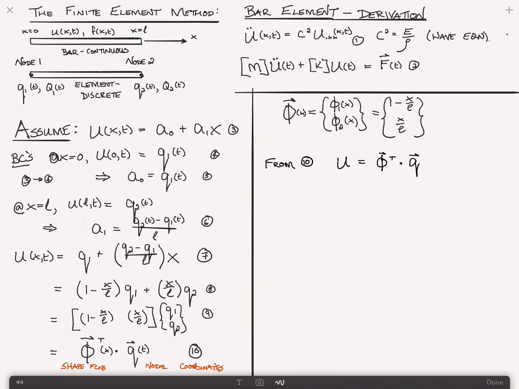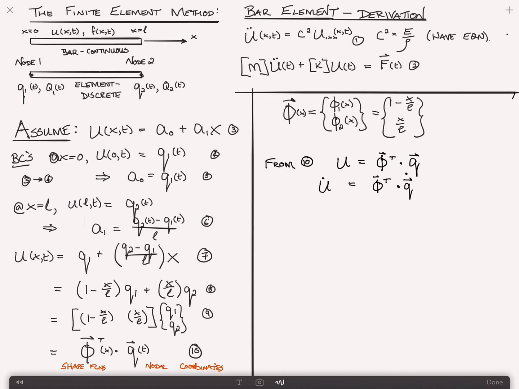The time derivative of this, u dot, would be equal to phi transpose times q dot, since phi is only dependent on x and q is the time dependent part.